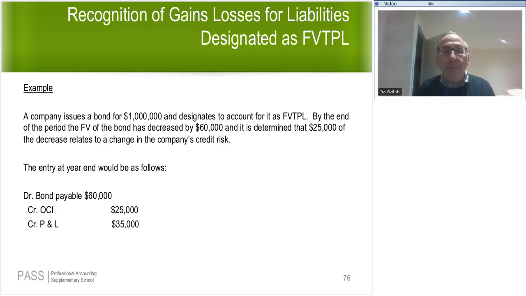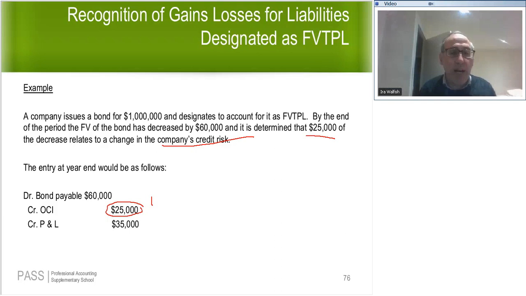The remainder of the change, the difference between $60K and $25K, which is $35K, the remaining $35,000 decline that relates to the market overall, goes through the P&L. So we simply segregate the portion that relates to credit risk, and then the remainder of the decline goes through to the P&L. Okay, here I just gave you an exception to the normal treatment, which you can look at on your own.